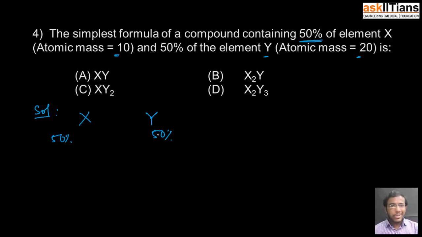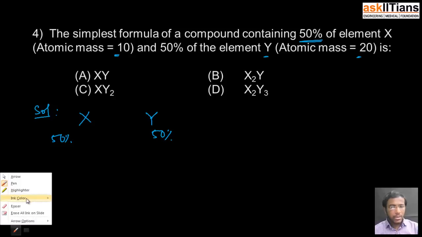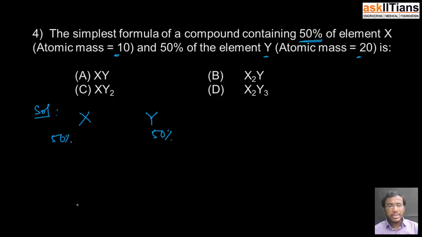First I will tell how to solve this question by a systematic approach, and then I'll tell the shortcut where you need not solve everything, just by looking at the options you can get the right one. So let's assume that its molecular formula is XpYq, and we have to find the values of p and q. That's all.